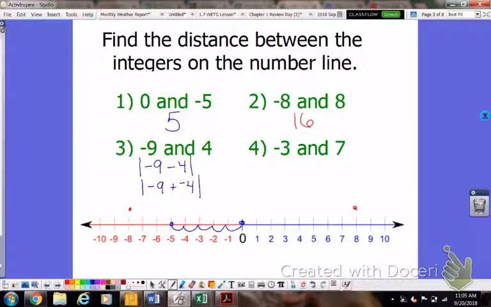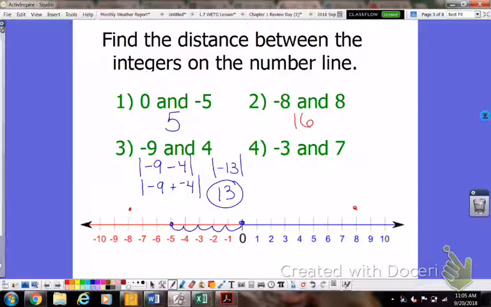Now if you think about this, we're adding 2 negatives. So that would give us the absolute value of negative 13. If I'm adding negative 9 and I have 4 more negatives, we're moving to the left. So negative 13, absolute value of negative 13. Review from lesson 1. The distance from negative 13 to 0 is 13. So the distance from negative 9 to 4 is 13.